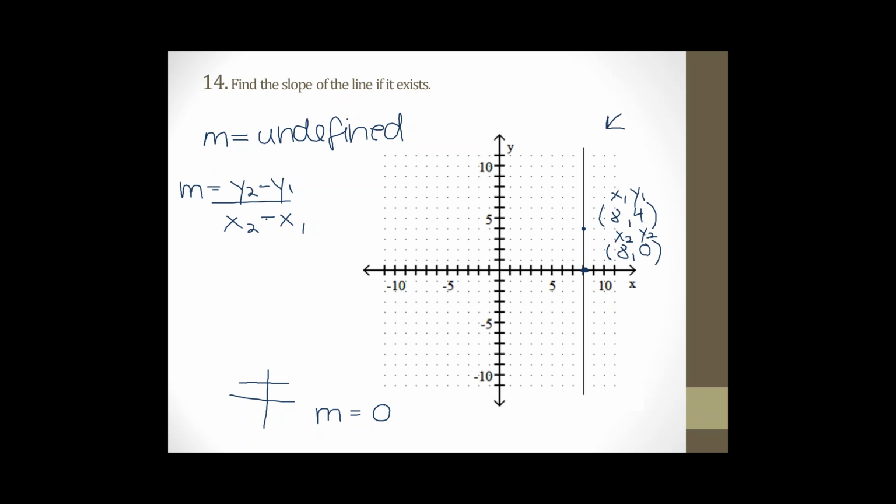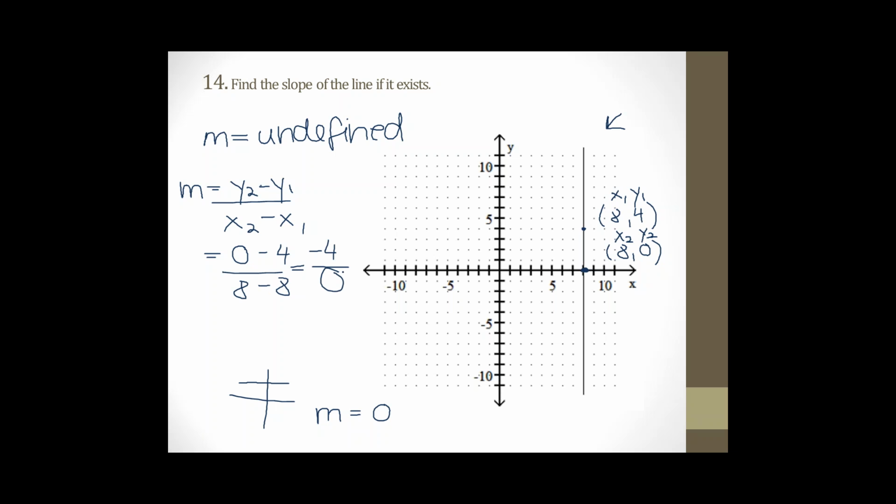If you plug this into the formula, y2 in this case is 0 minus y1, which is 4, and then x2 in our case is 8 minus 8. So on top we get a negative 4, and in the bottom now this would be 0.